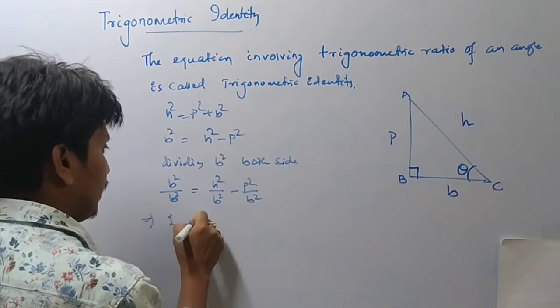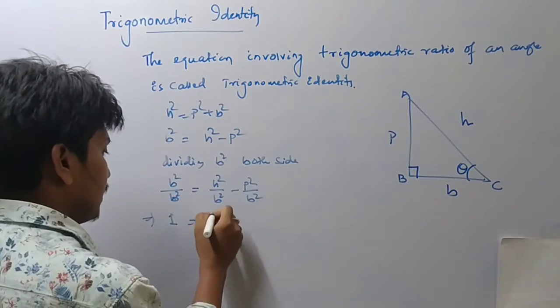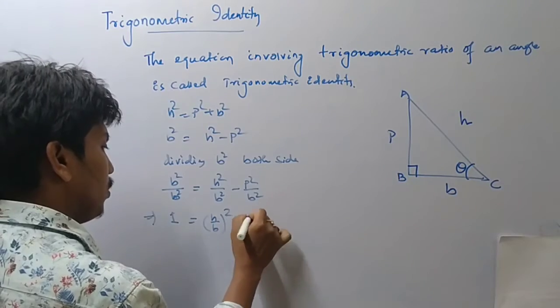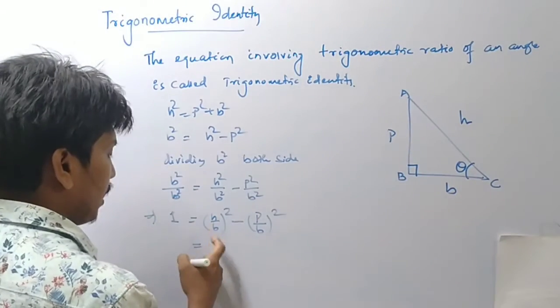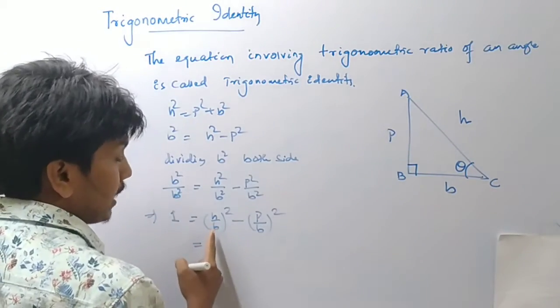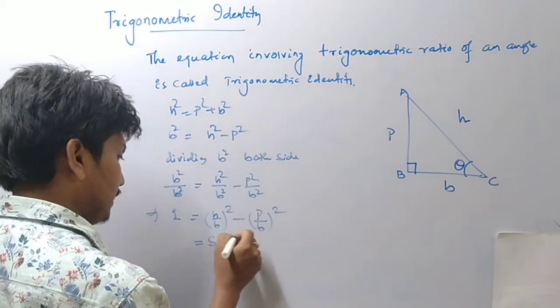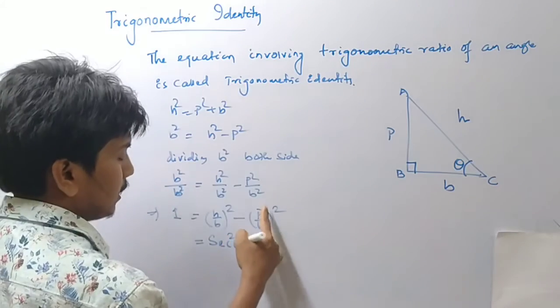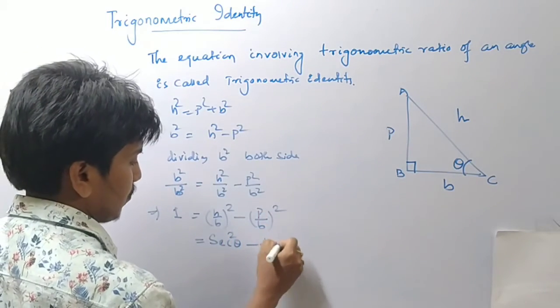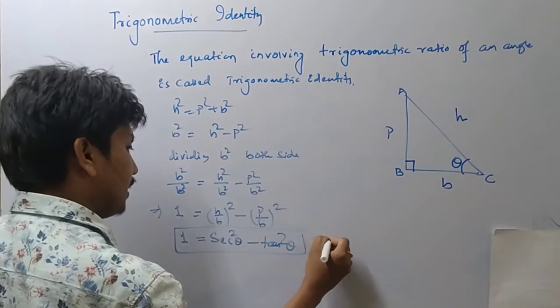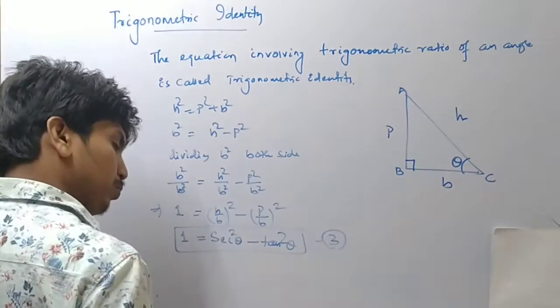H by B is sec theta, and P by B is tan theta. So this is the third formula.